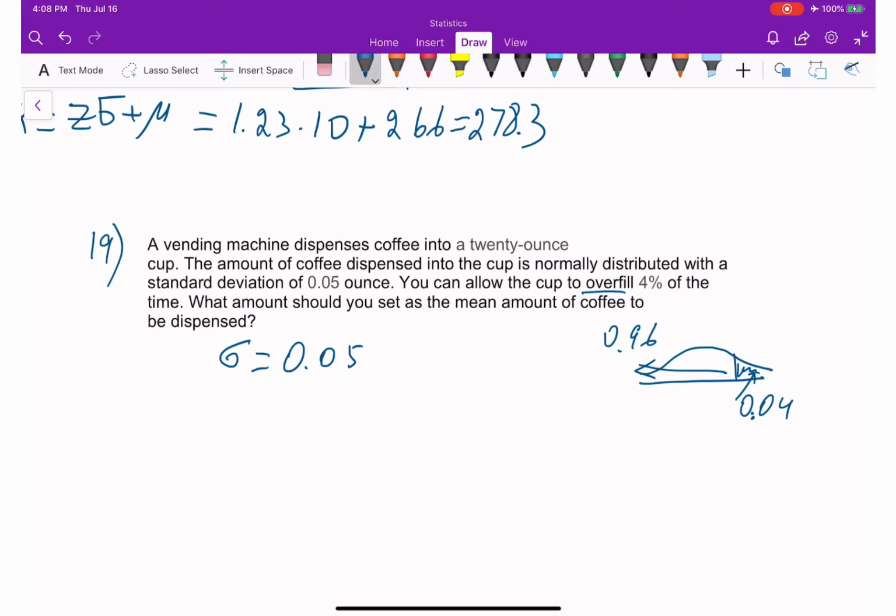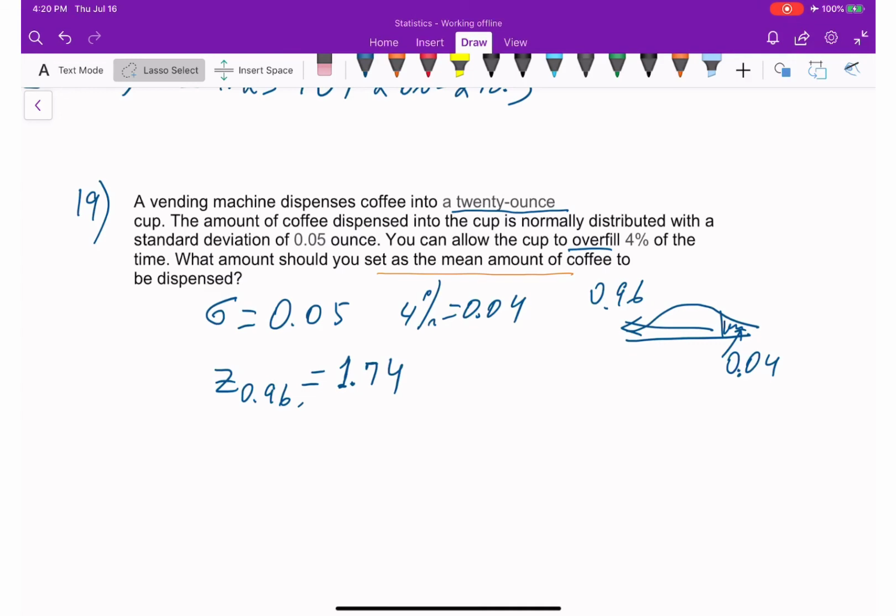So what are we going to do here? Sigma 0.05, 4% we wrote down already 0.04. So we need to find z-score, correct? Z-score for 0.96. And if you look, it's going to be 1.74. So it's asking to find the average, right? The mean amount of coffee. So from formula, X is equal Z sigma plus mu.